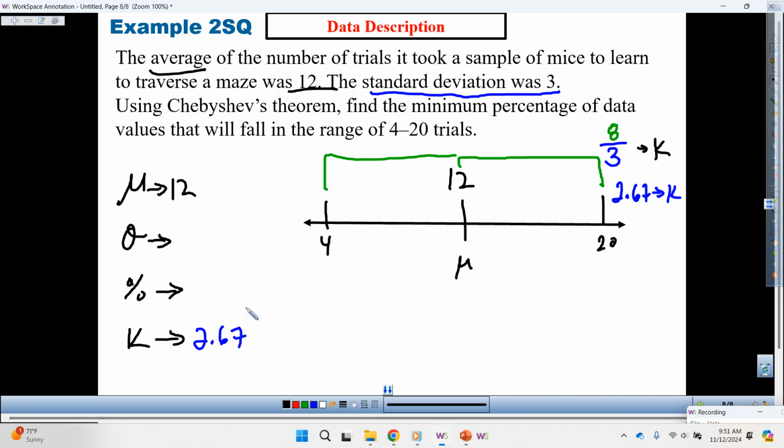Now that we have K, 2.67, our mean is 12 and standard deviation is 3. We need the percentage. Compute the percentage. Send me your notes. All right. Looks like AJ's got this. 1 minus 1 over 2.67 squared. What's the decimal form of that? 1 minus 1 over 2.67 squared is what?